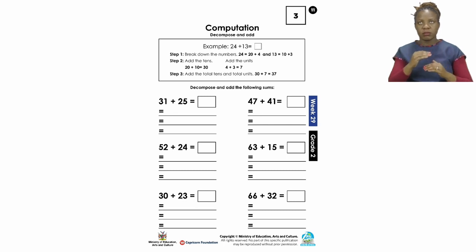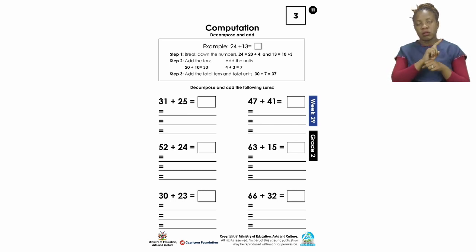And there we have to break down the numbers. So this means we need to take 24 and break it down, and then we need to take the number 13 and also break it down. And how do we break down these numbers? We have to add the tens and then add the units.